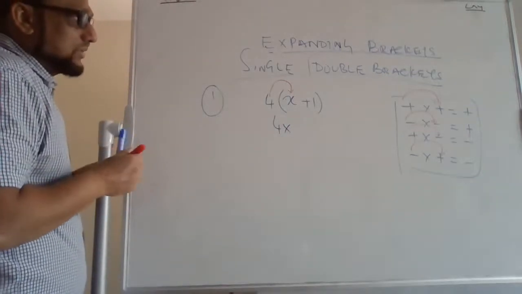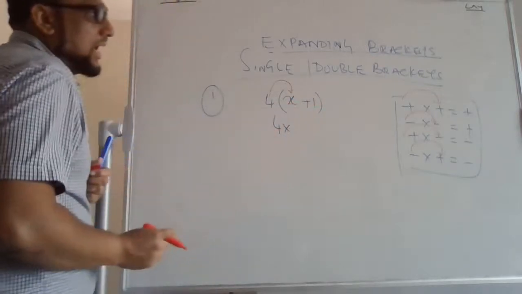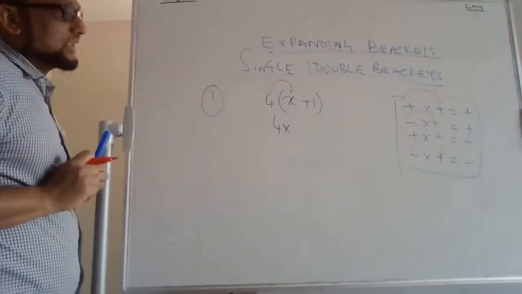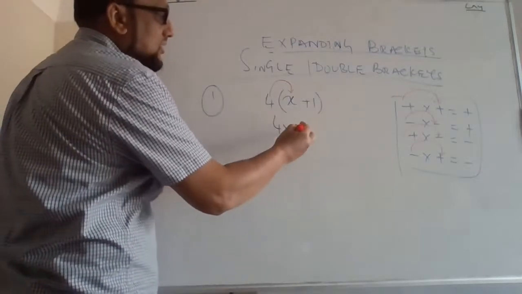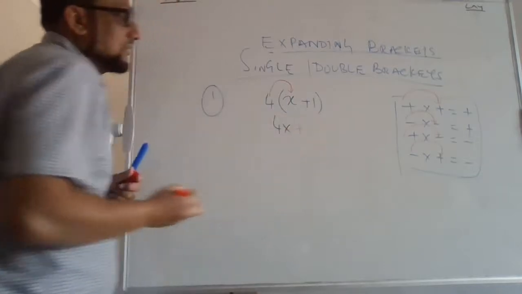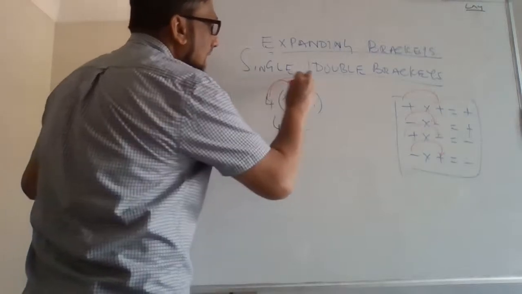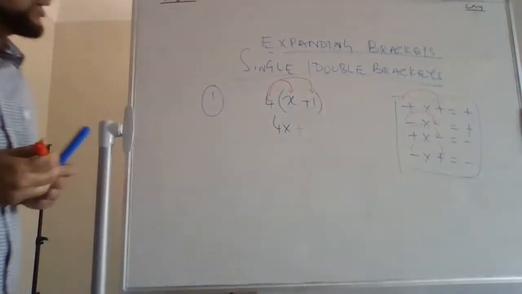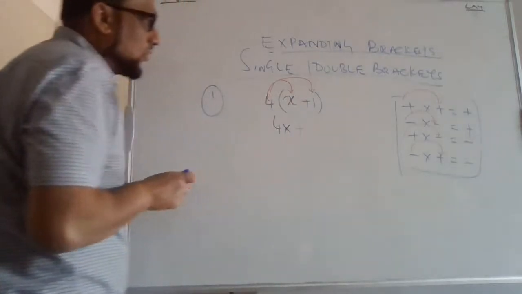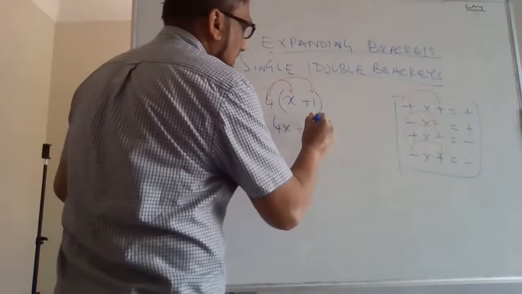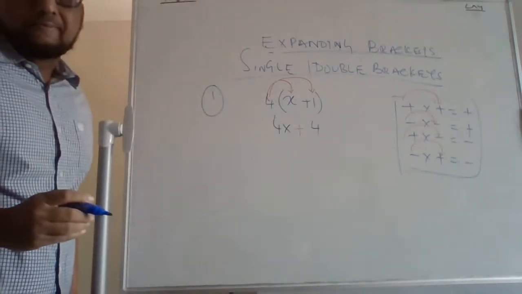And the next step, we need to check the sign, which is positive, and also the sign of 4, which is positive. So plus times plus is plus. And this 4 again times the second number, which is 1. So 4 times 1 is 4. So this is your final answer.